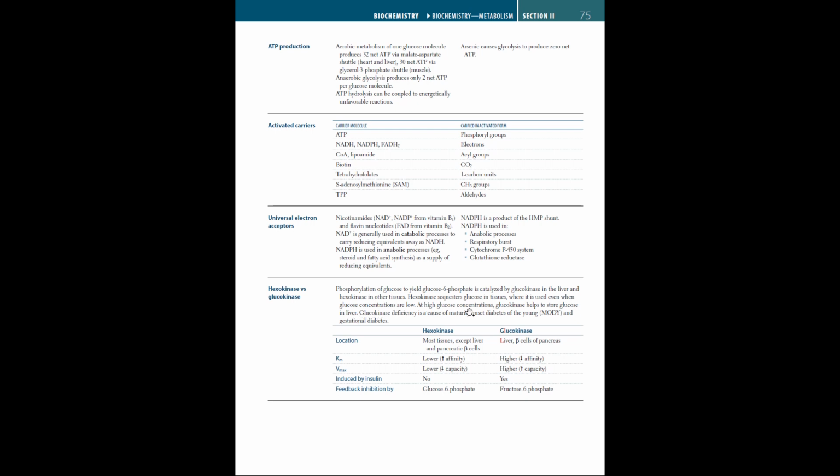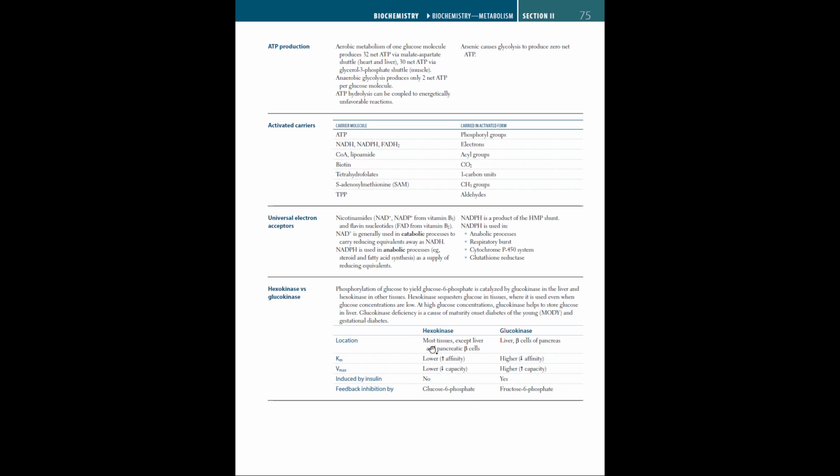At high glucose concentrations, glucokinase helps to store glucose in the liver. Glucokinase deficiency is a cause of maturity onset diabetes of the young, MODY, and gestational diabetes. So if there's a glucokinase deficiency, you have a likely onset of diabetes of the young.